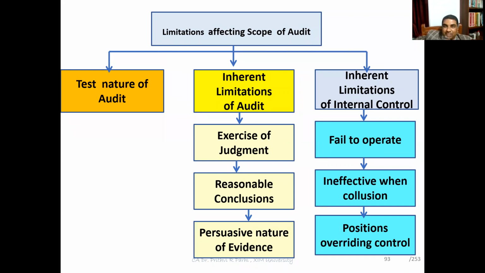And the auditor is not doing that investigator's job. So these are the inherent limitations which affect the scope of auditing. Meaning auditing involves exercise of judgment, the auditor can only draw reasonable conclusions, and the nature of evidences is persuasive.